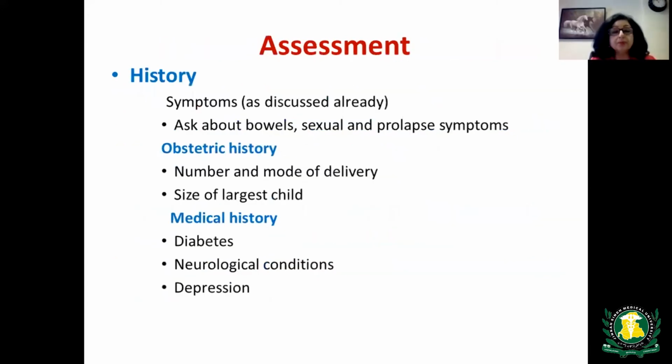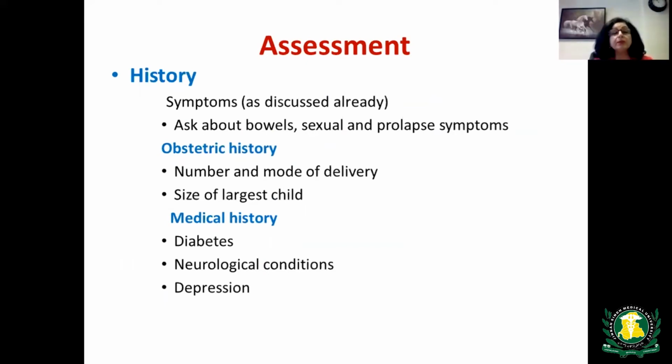So in the assessment, we have already discussed the symptomatology and the questions you need to ask, which includes bowel, sexual behaviors, as well as the prolapse symptoms. Then for women who have given birth before, it is important to inquire about the number of pregnancies they have had, the mode of delivery, as well as the size of the largest child.